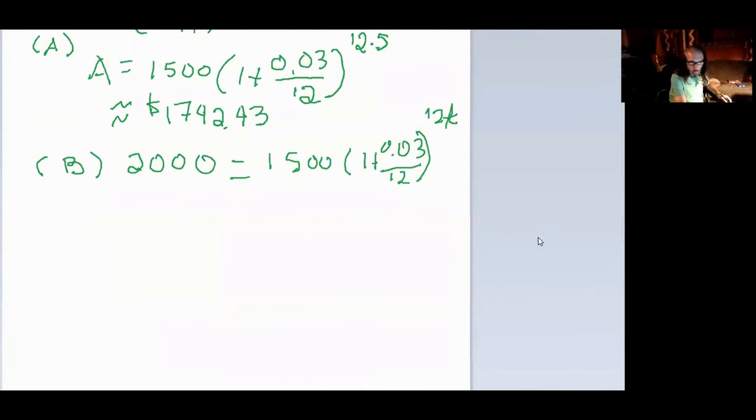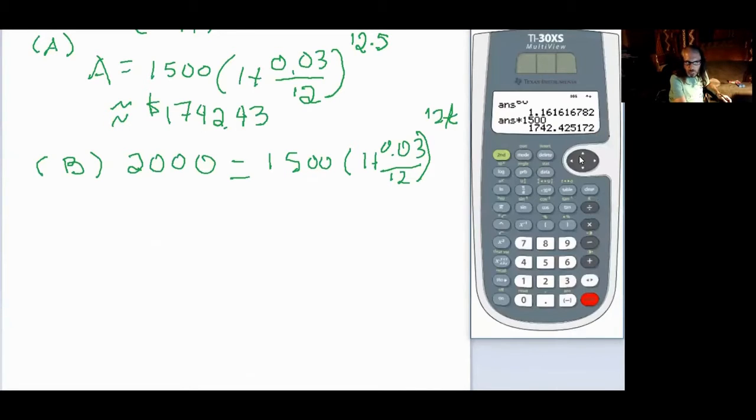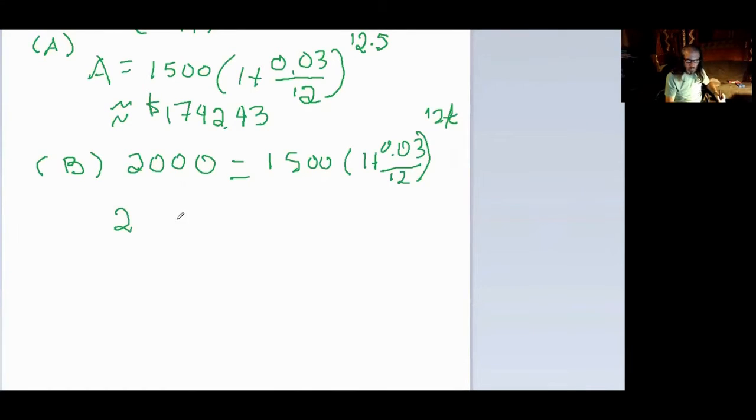I'd already worked out what 1 plus 0.03 divided by 12 is previously. That was the 1.0025. You don't want to multiply that by the 1500. Because if we knew a number for T, like we did in part A, we would raise what's in the parentheses to the power first.